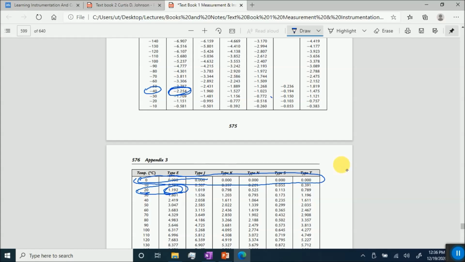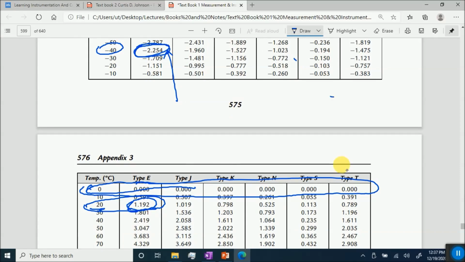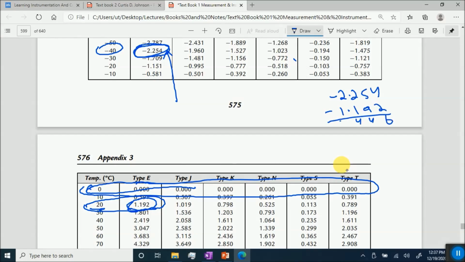So this means that with a reference of 0 degrees, your sensor would be producing negative 2.254 millivolts for minus 40 degrees. But if your reference was at 20 degrees, your sensor would be producing negative 2.254 minus 1.192, and that comes out to be negative 3.446 millivolts instead of negative 2.254 millivolts.